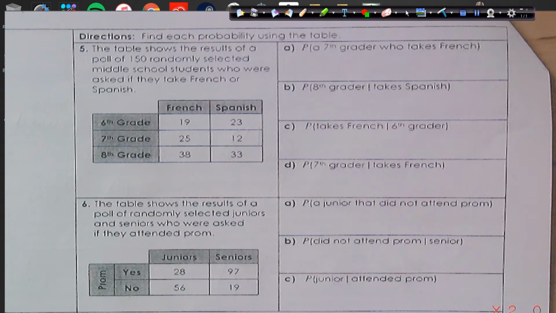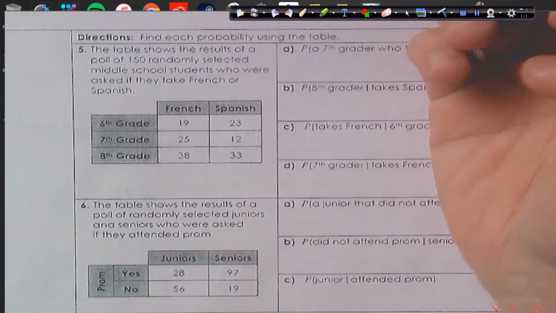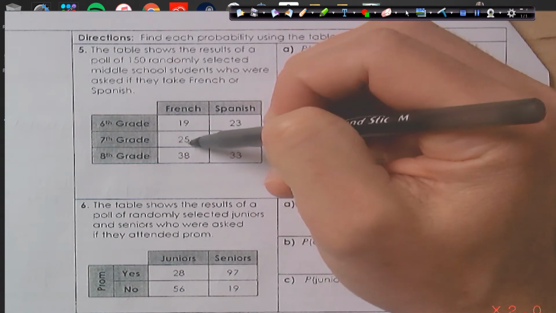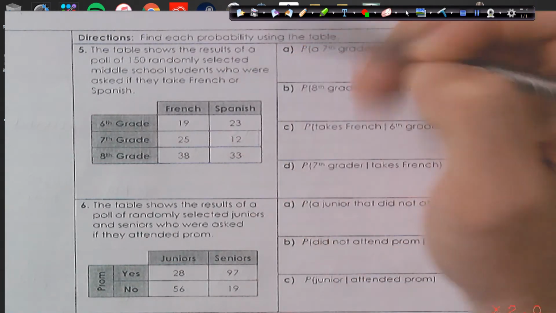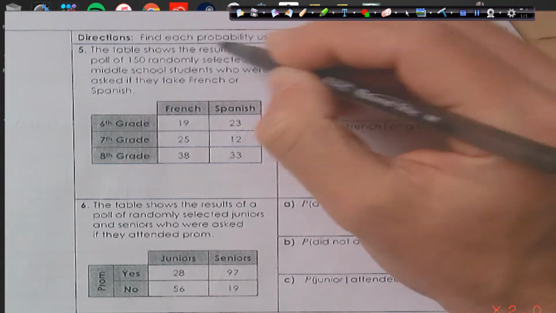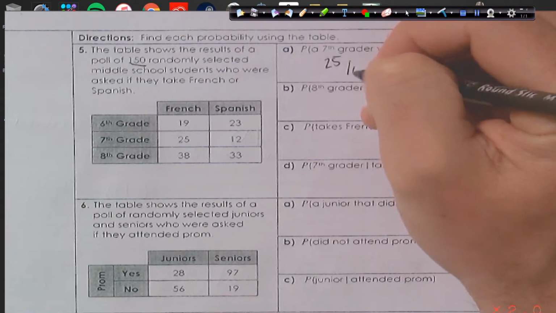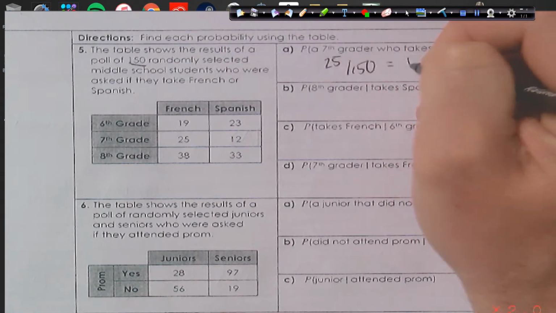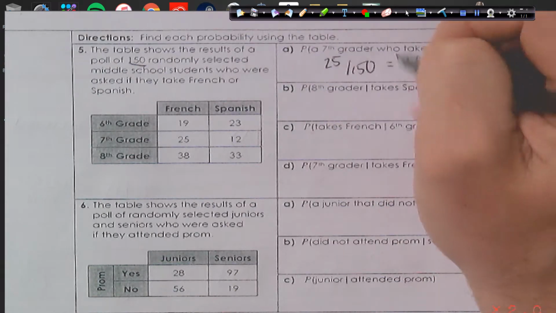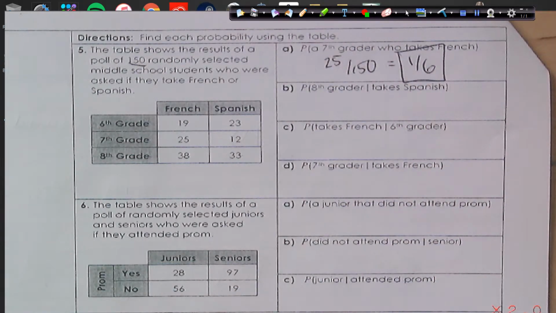Well, this is pretty easy. There's no given here. I'm just asking 2 different things. So where's my 7th graders that take French? Well, there's 25 7th graders who also take French out of the total 150 students. So that's 1/6. So the probability I hit a 7th grader that takes French is 1/6 of this poll.